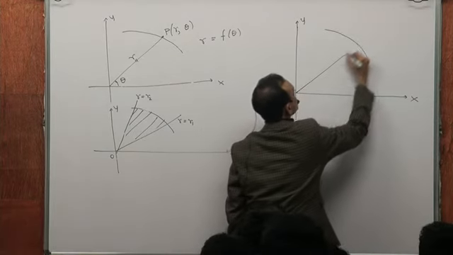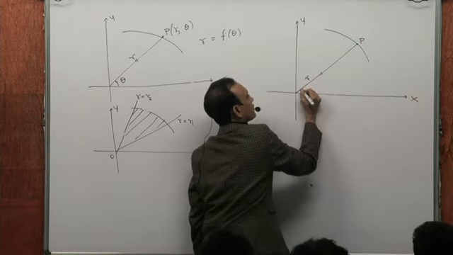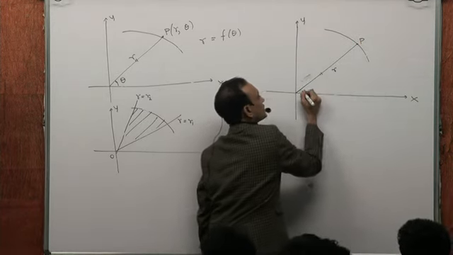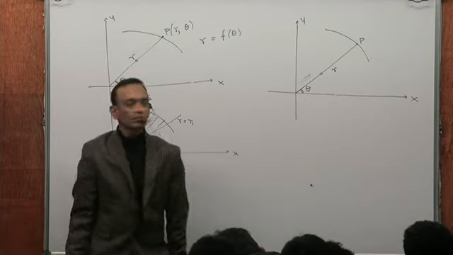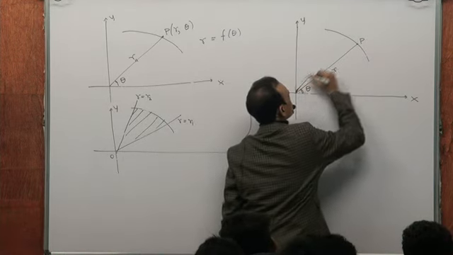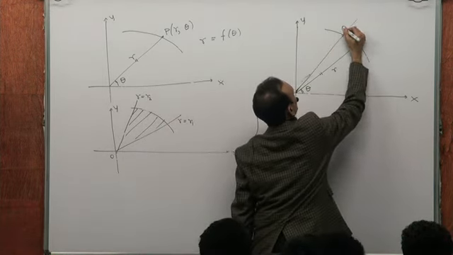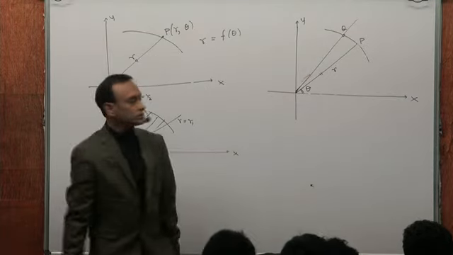What we do is we select a certain point P whose r is r and whose theta is theta, right? Now, two very close points P and Q are selected on the curve.